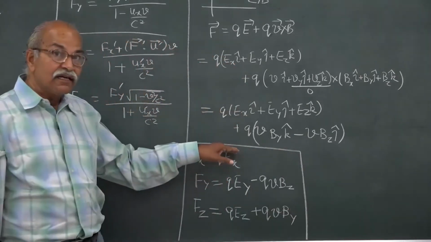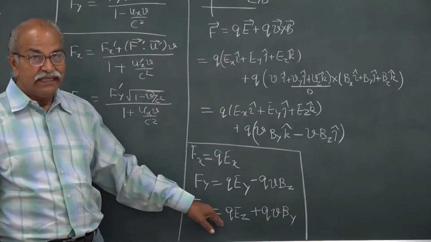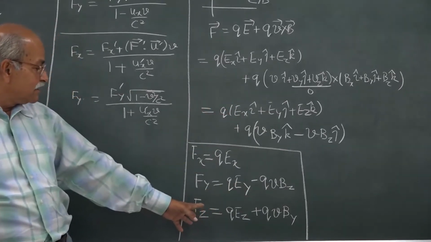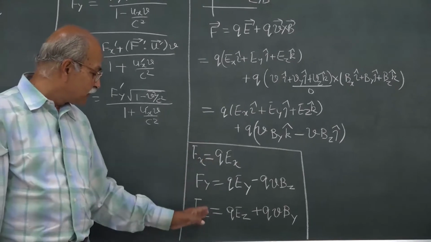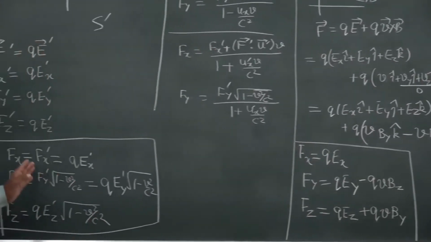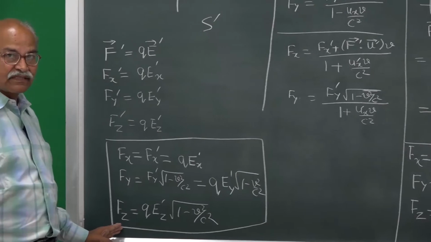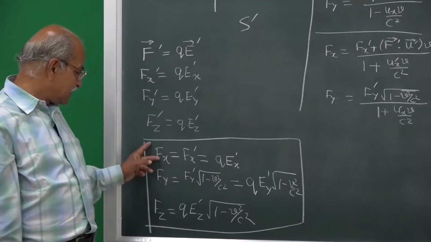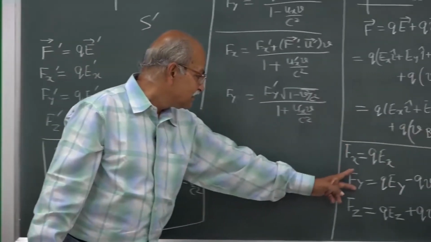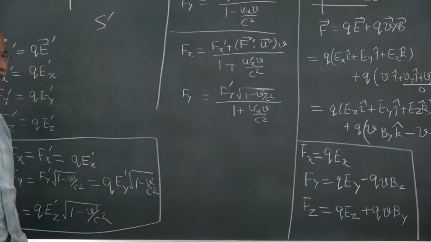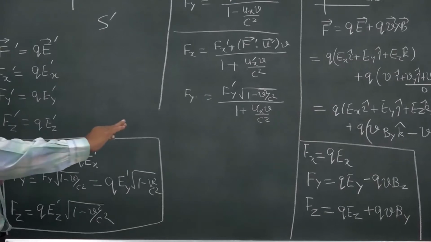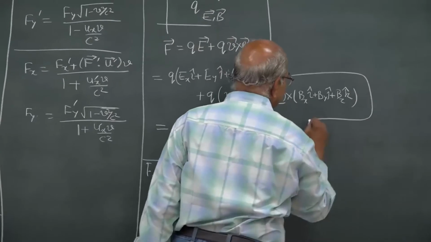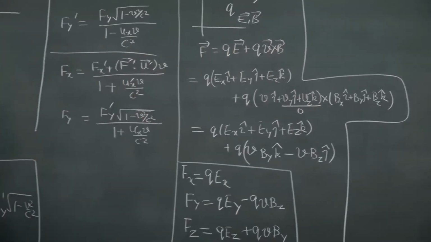So, these are the force components in S frame, but we have already obtained the components of the force in S prime frame using these transformation equations. This Fx, this Fy, this Fz is the same as this Fx, this Fy and this Fz. So, you can equate them. If you equate them, what happens? Fx, let us equate.